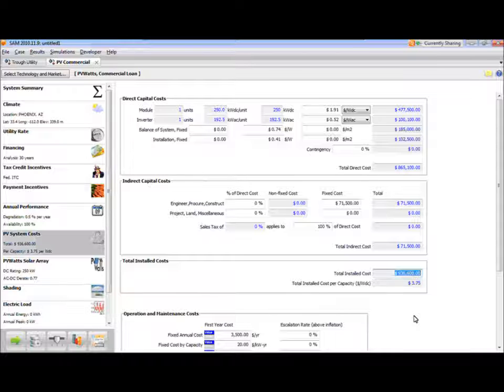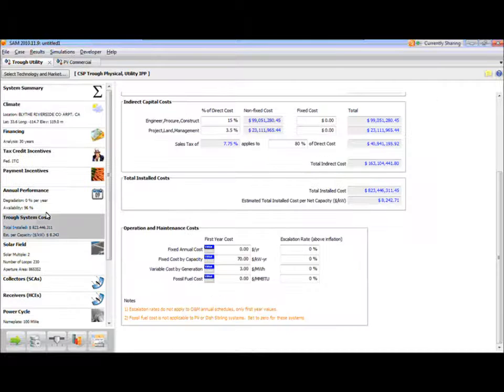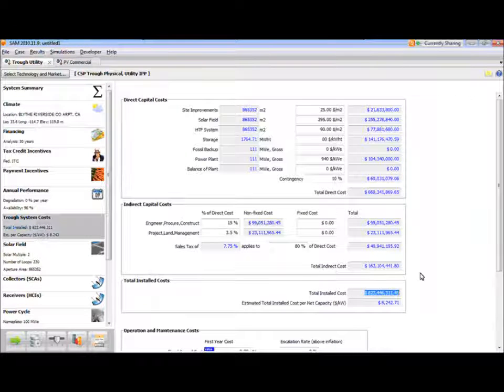I should mention one thing about the costs for the Trough is that NREL did a cost study for parabolic trough systems that has been published and was used to populate the costs for the Trough model.